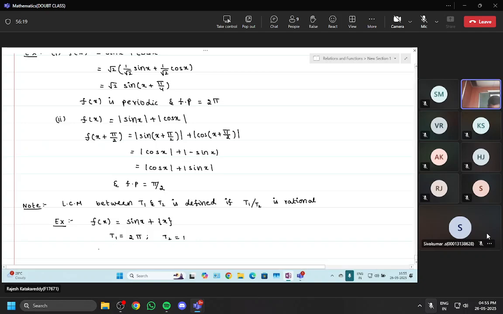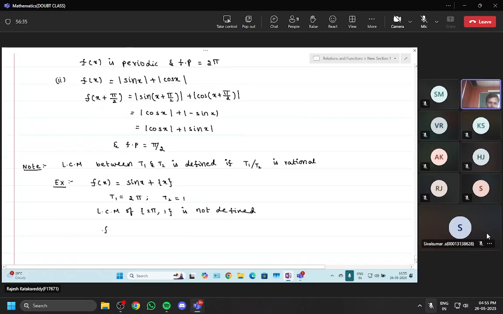Now here LCM of 2 pi comma 1 is not defined. If this is not defined, we can write f of x is not a periodic function.